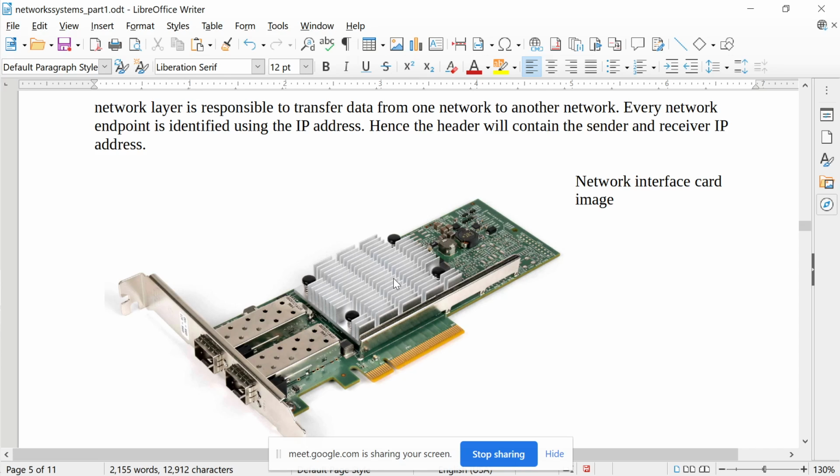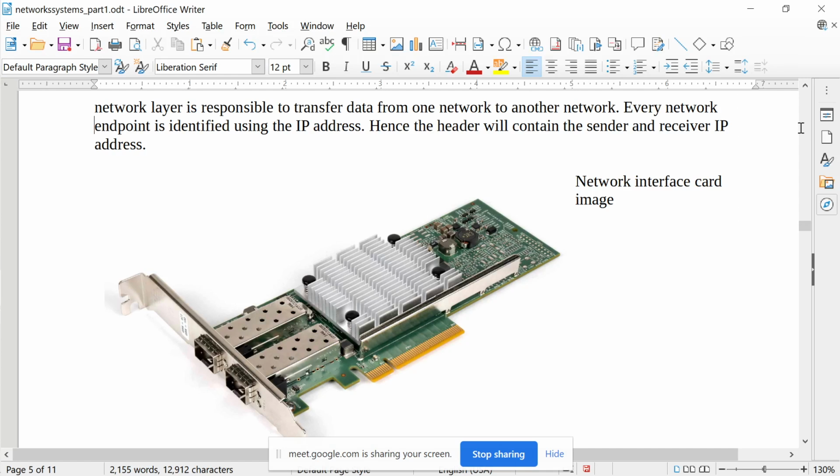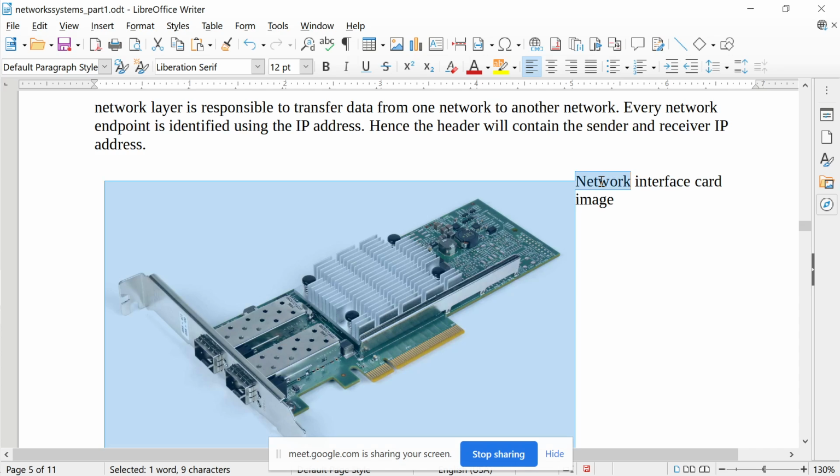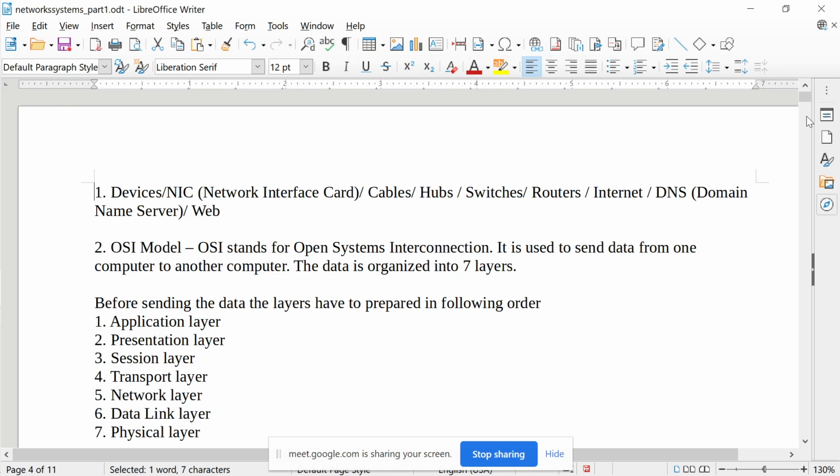The network interface card is your interface, like a door to the network. The very word says it is an interface to the network. If you want to get on the network, you cannot without a network interface card.